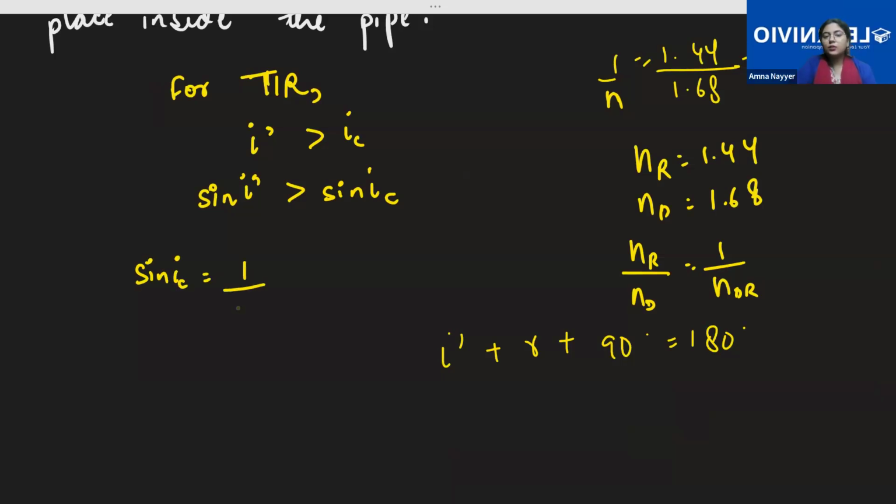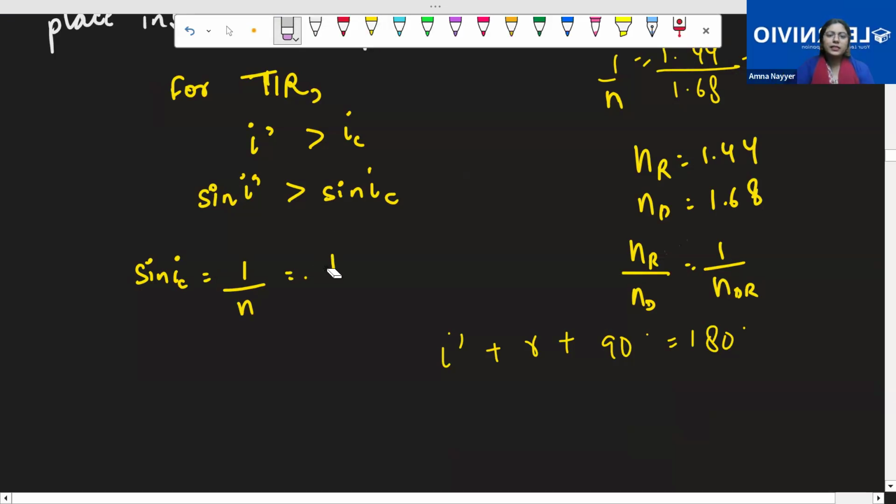Sine IC, you know, is 1 by n. Now what is 1 by n over here? The rarer medium is 1.44, the denser is 1.68. The rarer by denser is 1 by n, that is 1.44 by 1.68, which is 0.86. Means this 1 by n is equal to 0.86.